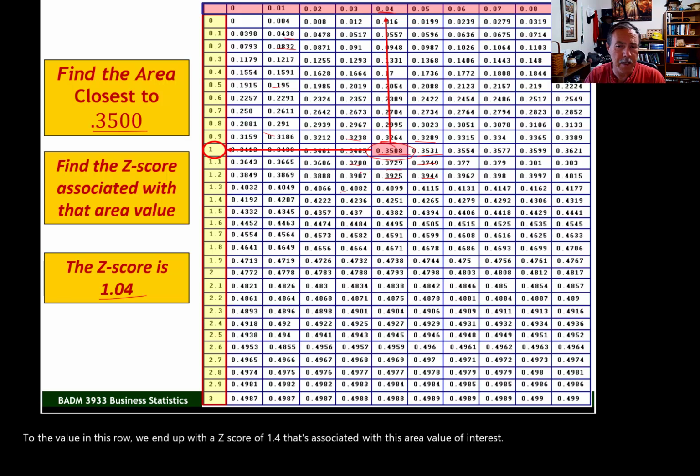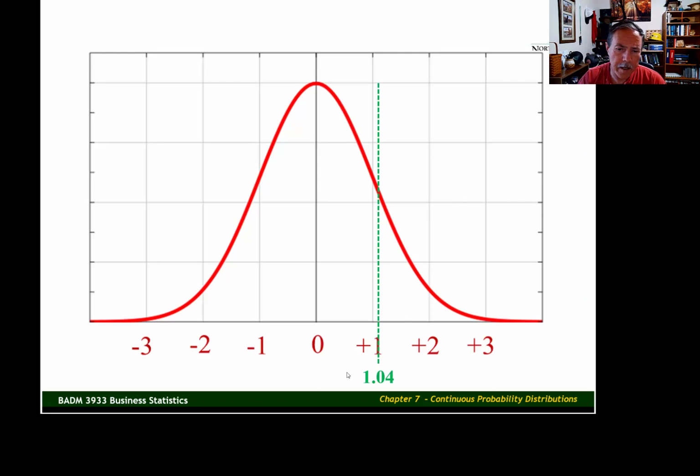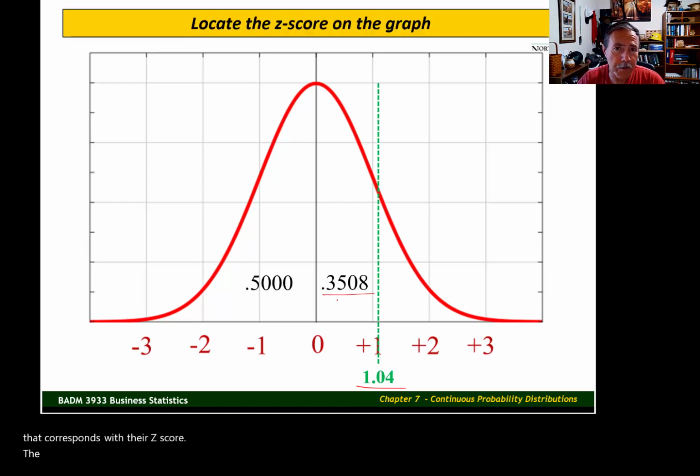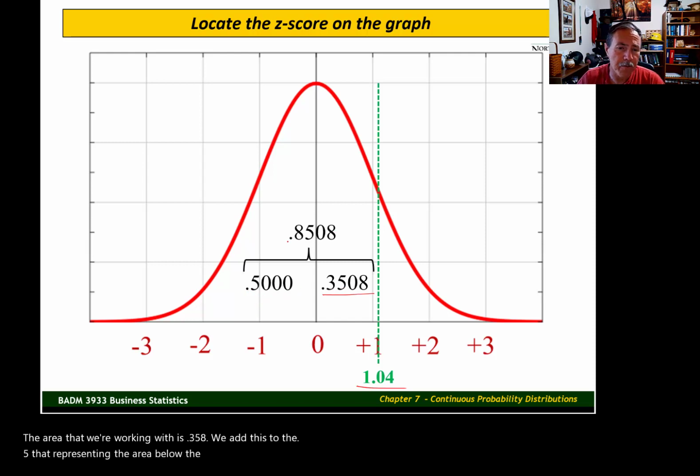Now we have everything we need to calculate the cutoff point for this qualifying exam. Let's locate our z-score on the normal curve. The area we're working with is 0.3508. We add this to the 0.5 representing the area below the mean, and we end up with 0.8508, so about 85% of the exam scores are below this point.